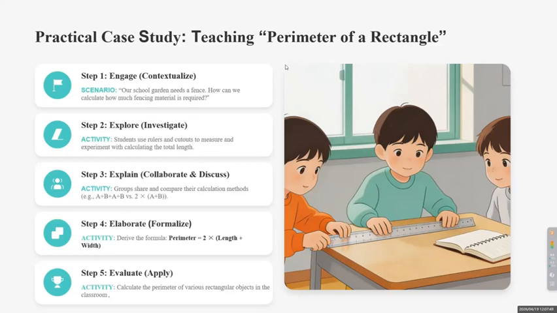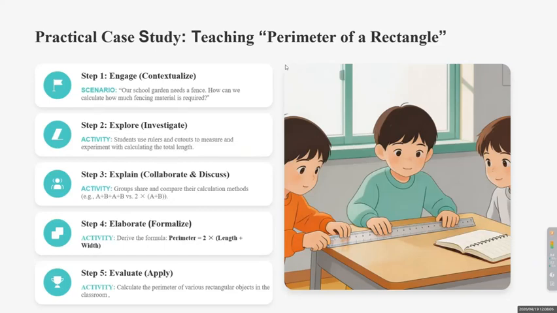This hands-on exploration allows them to physically interact with the concepts, building an intuitive understanding.